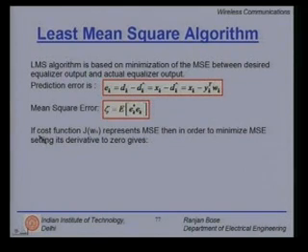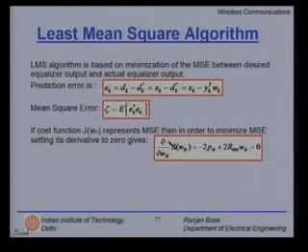Now, we define for the first time a cost function J as a function of the weight w_n, which represents the mean square error. Then, in order to minimize the mean squared error, the derivative of J should be 0. So, del J of w_n by del w_n should be equal to 0, and you get this famous normal equation, where you have R_nn, the input covariance matrix, times the weight vector equal to P_n.